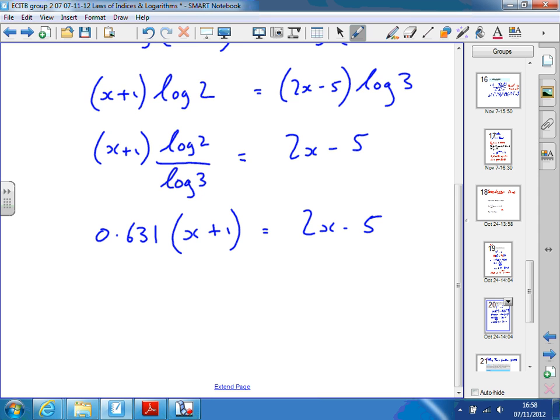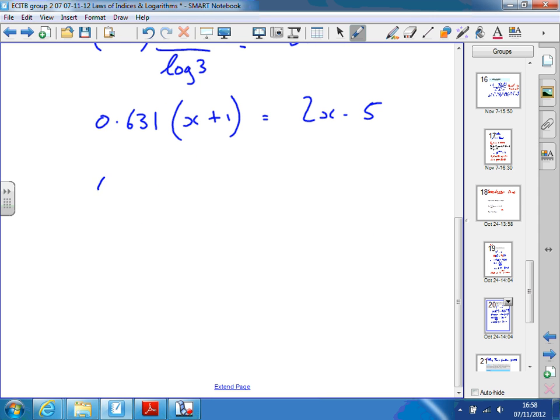So now I am going to have to multiply out the brackets. 0.631x plus 0.631. Maybe you can see now why it's best to go that way. It's easier to work it out. Equals 2x minus 5.